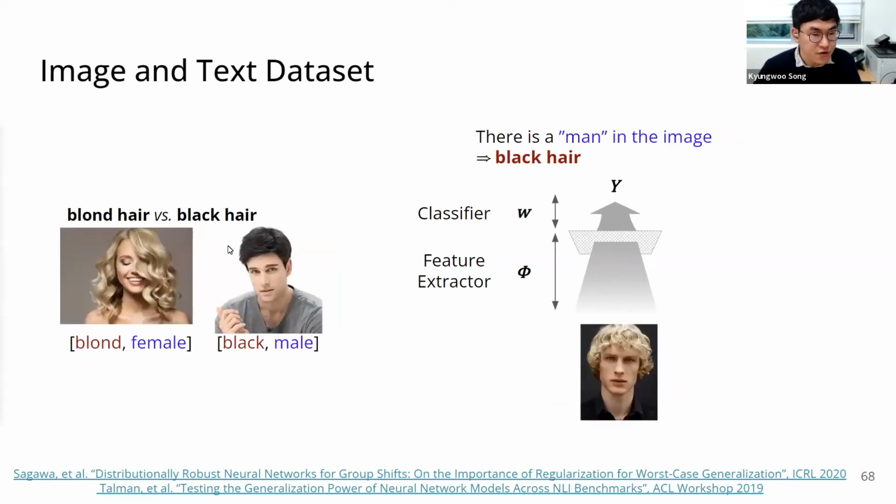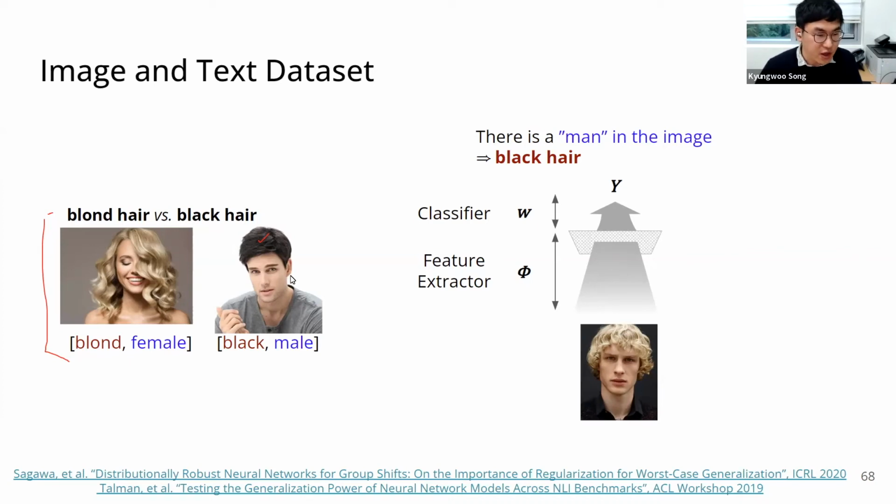We can observe a similar phenomenon in the second example. We bring the image from the CelebA dataset, one of the benchmark datasets. In the dataset, most females have blonde hair, while the males have black hair. In that case, it is enough that the machine focuses only on male or female to predict the hair color.